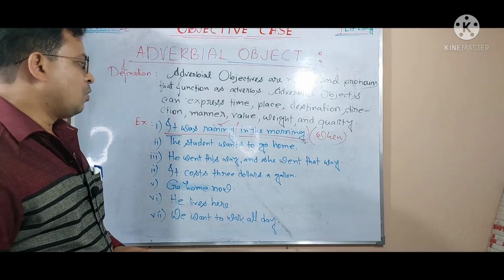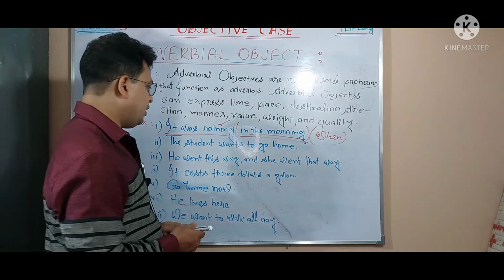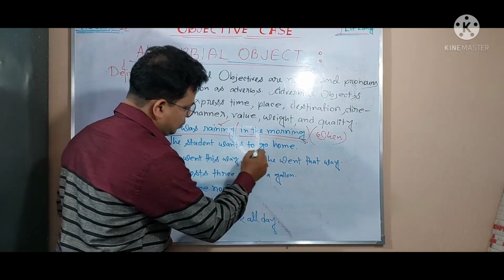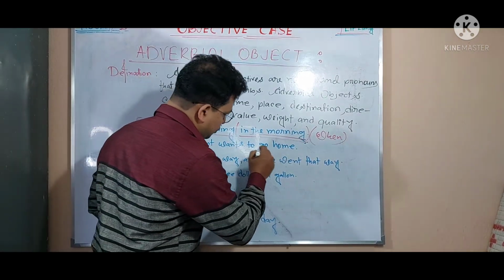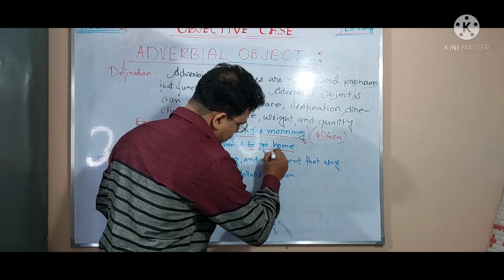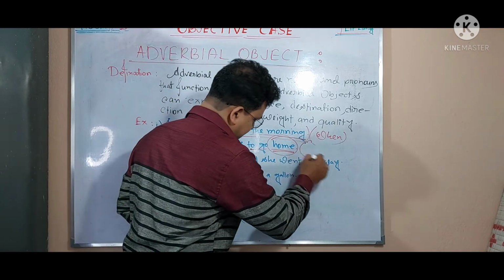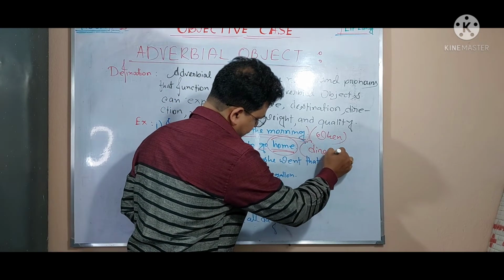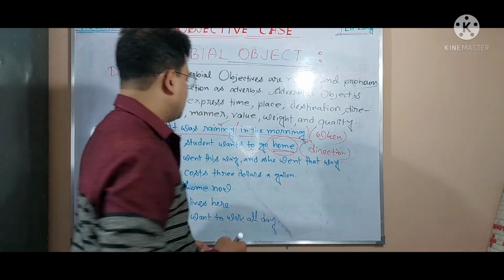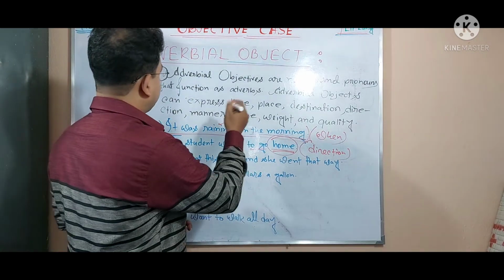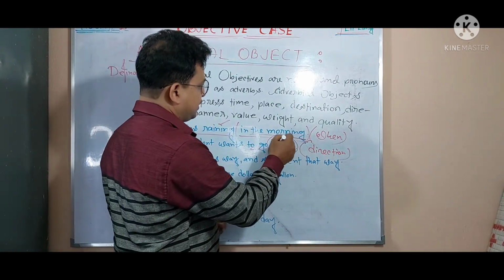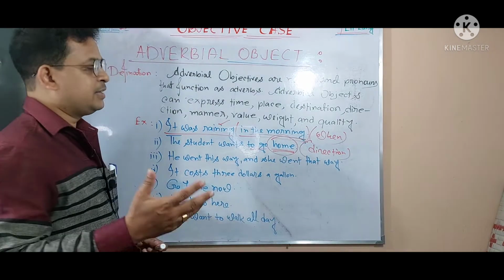The student wants to go home. Where does the student want to go? To home. Go to home. So home is there as a direction. It implies direction here. Okay, so it is called direction. It is actually called an adverbial object, taking the example of direction.